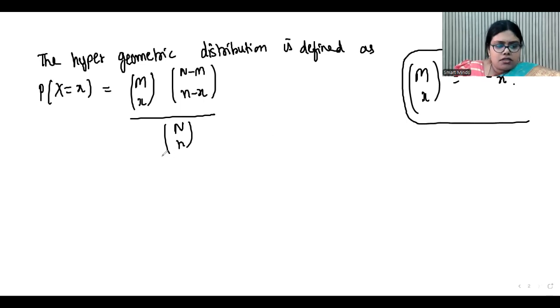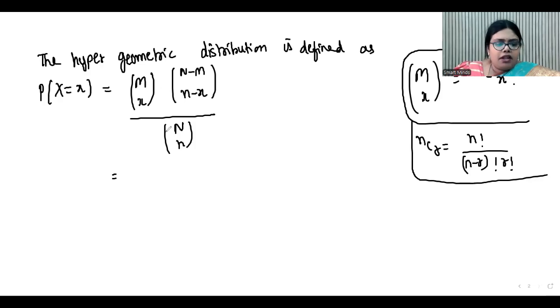Okay. So now that is equal to, now let us apply the NCR formula. What is the NCR formula? N factorial by (n minus r) factorial into r factorial. Now for this, we will apply the formulas. So M factorial by (M minus x) factorial into x factorial.